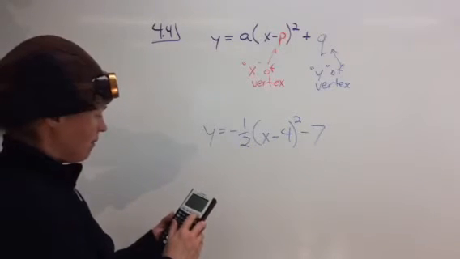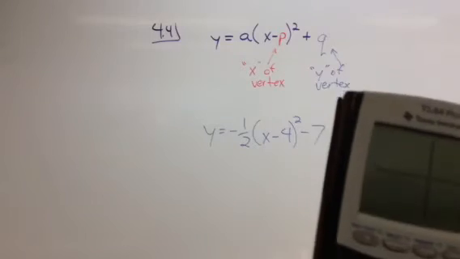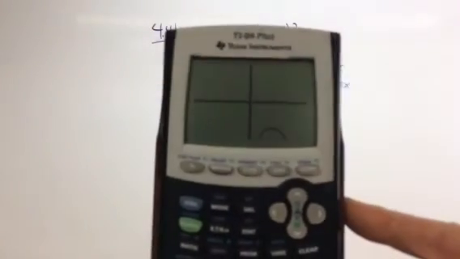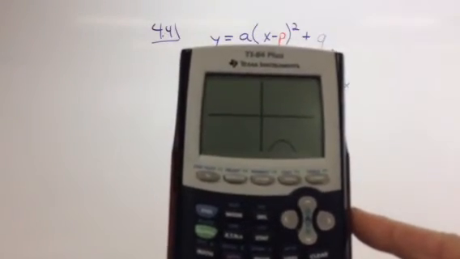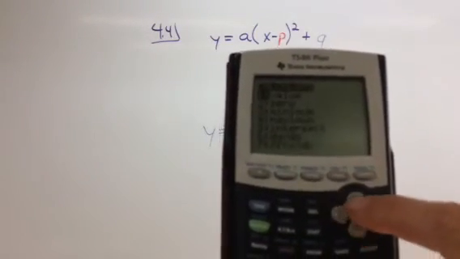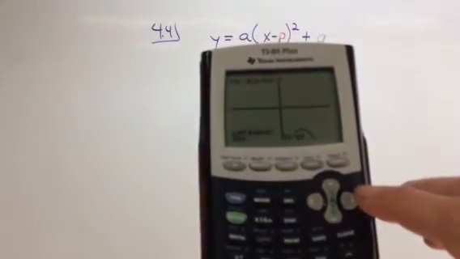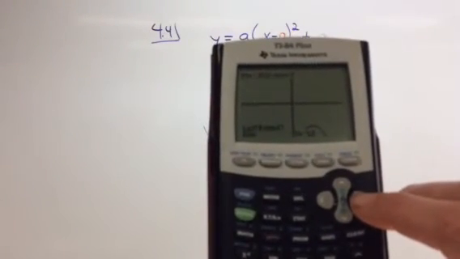Hit my graph. And I can see it's a negative, so it's upside down. And I can see that I have a vertex, second function trace. It's a maximum because it goes up.